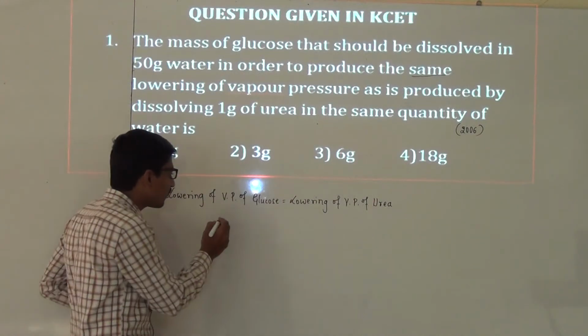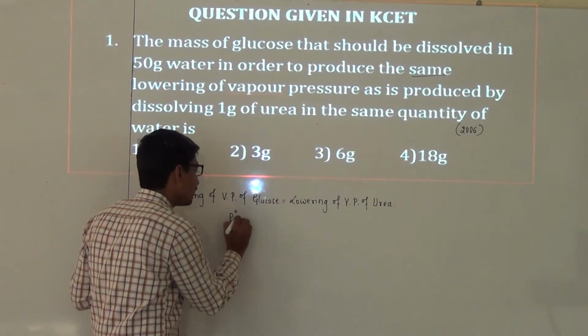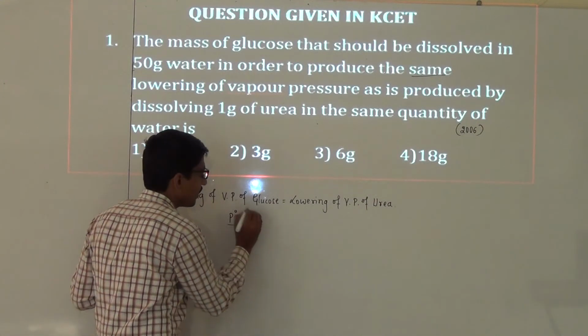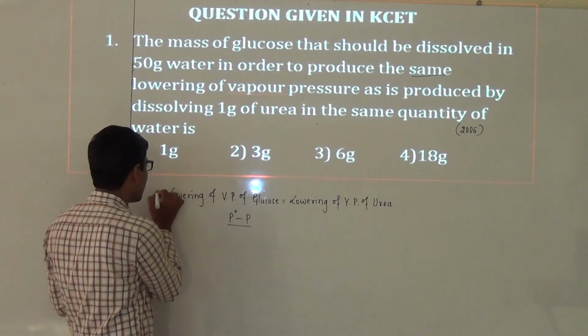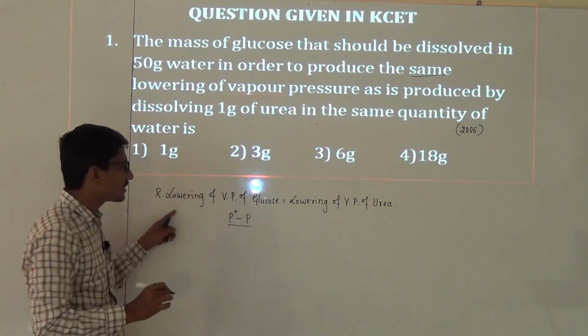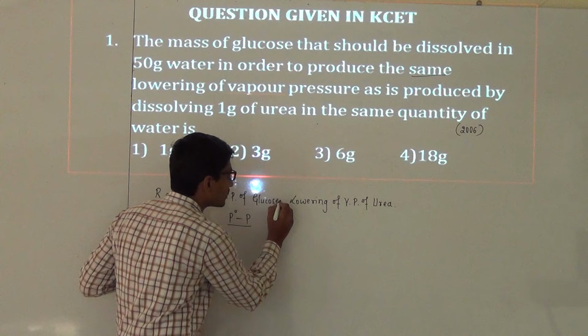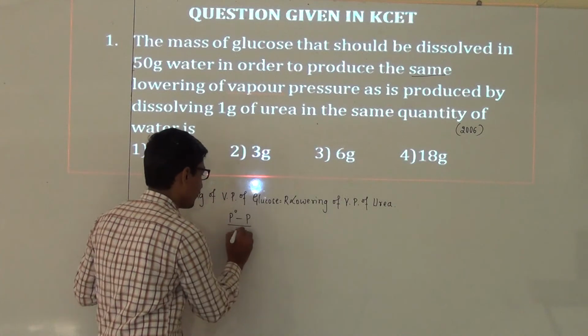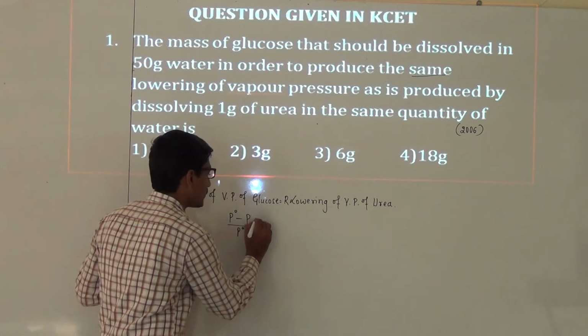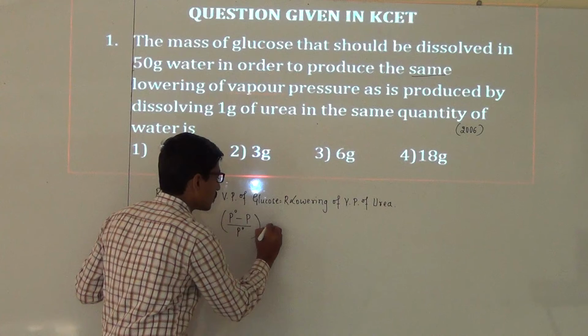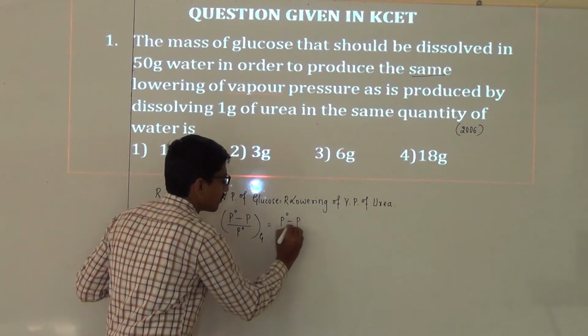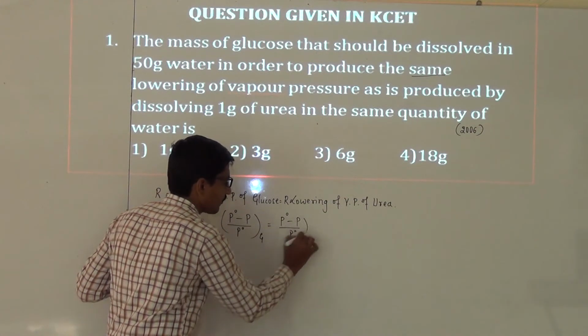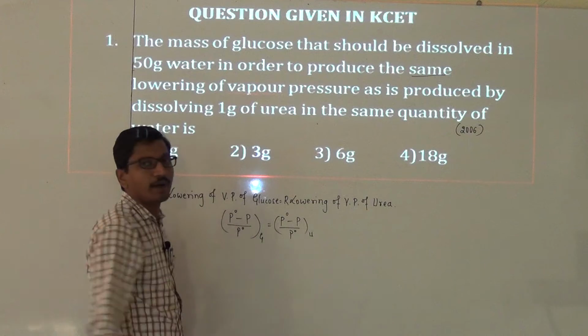Here lowering of vapor pressure means P naught minus P by P. This is lowering of vapor pressure, but lowering of vapor pressure is the same means relative lowering of vapor pressure is also the same. P naught minus P by P naught for glucose is equal to P naught minus P by P naught for urea.